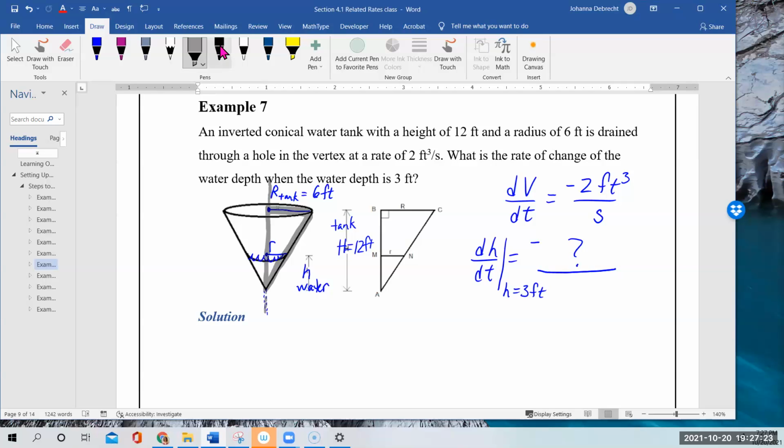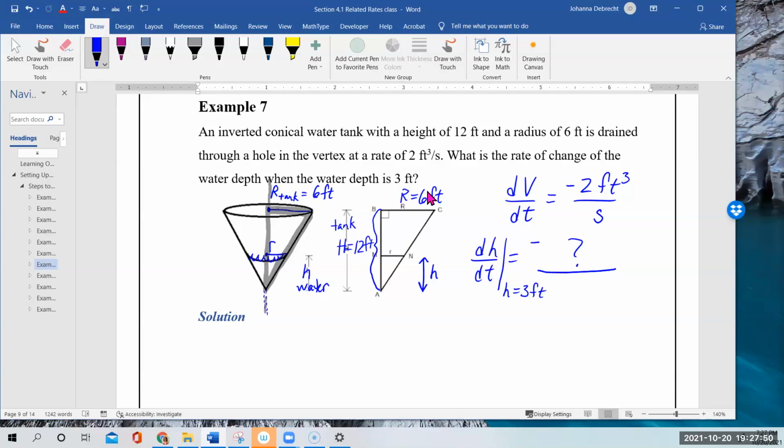The radius along the top is 6 feet. That's the radius of the tank, which is never going to change. The full measure of the height of the tank is also never going to change. It's 12 feet. However, this measure right here measures the height of the water in the tank, and it does change.